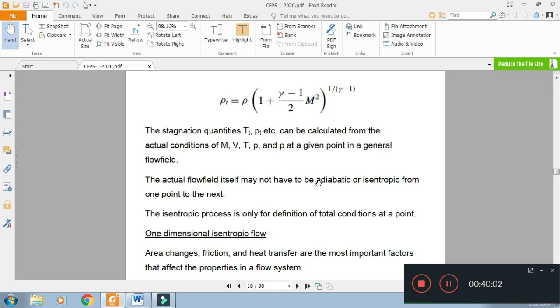But for a particular point, suppose at point 1, we are defining the static pressure and stagnation pressure. At point 1, there is an imaginary process between static pressure and stagnation pressure. There is an imaginary isentropic process.